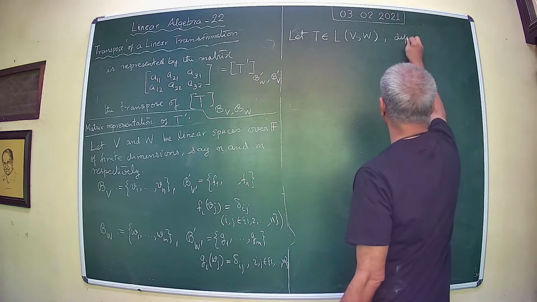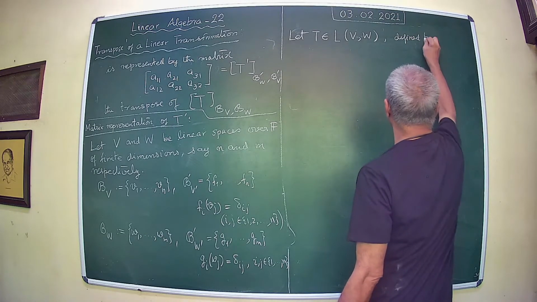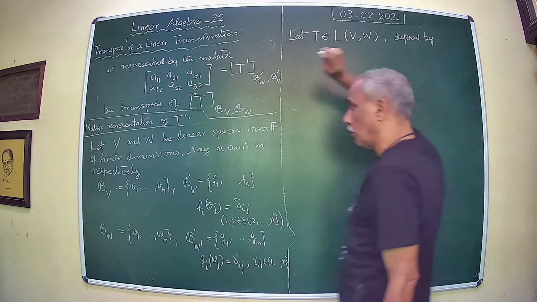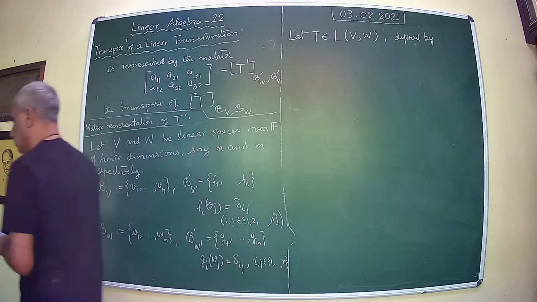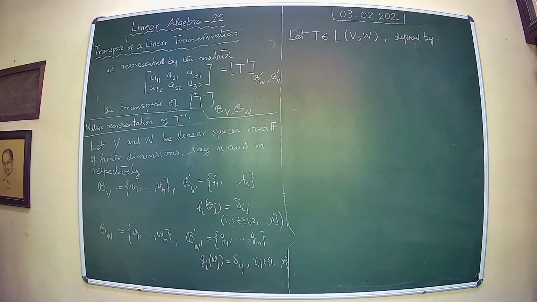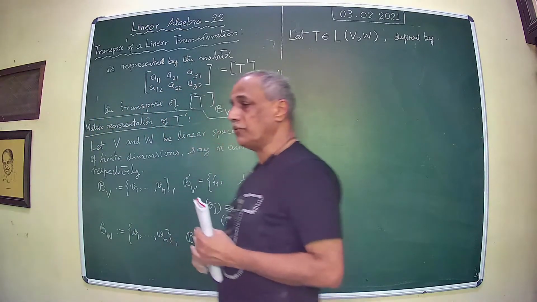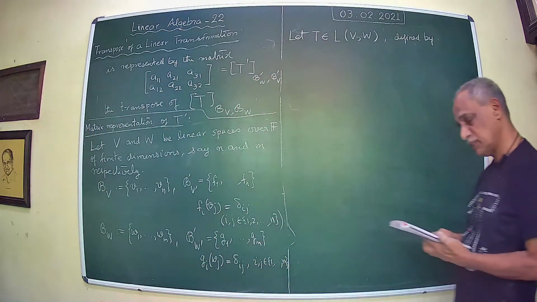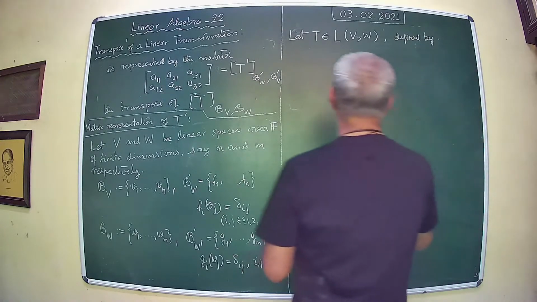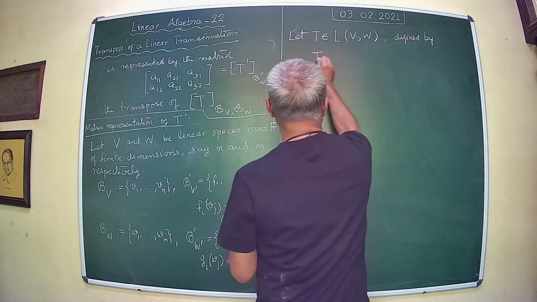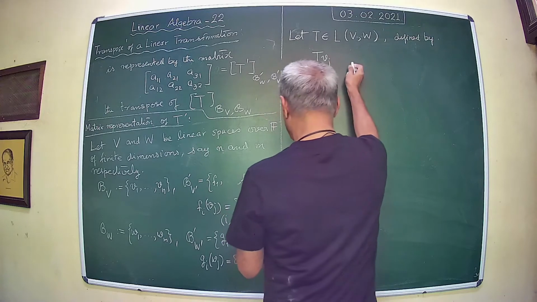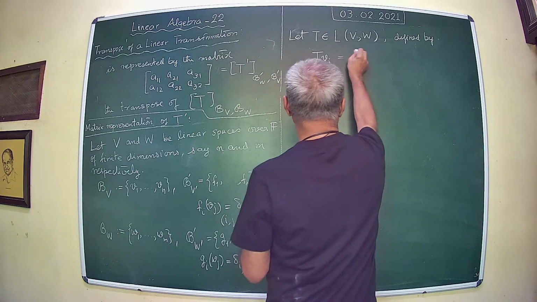Defined by, you know that a linear transformation from V to W is defined by prescribing the images of V1, V2, etc., Vn. So let us do that, defined by T of, I should be careful about indices.